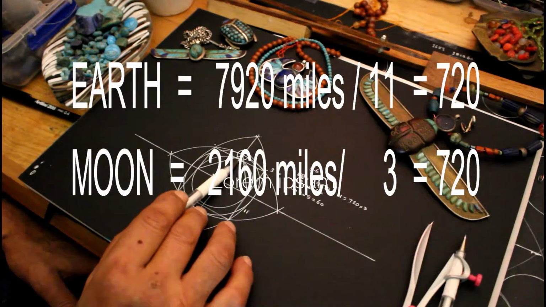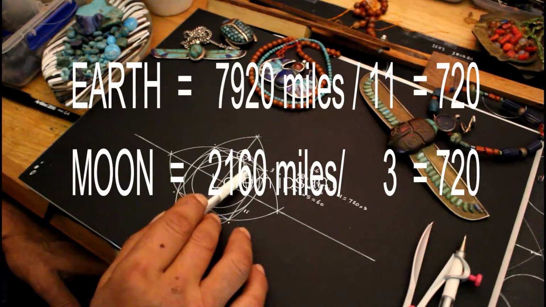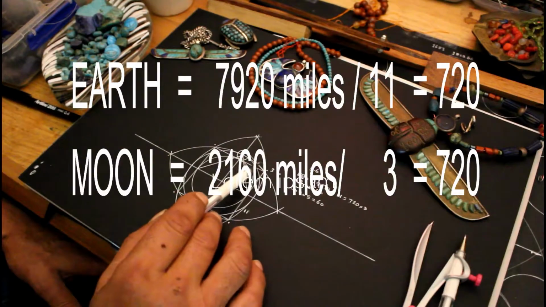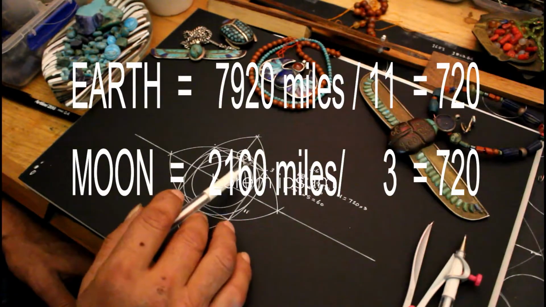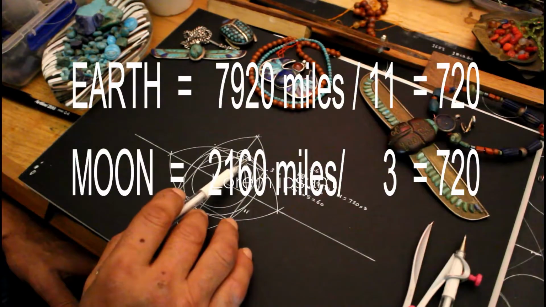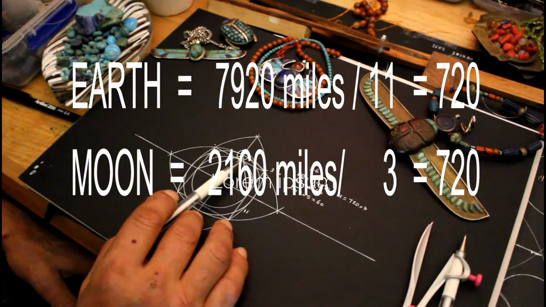And did I describe this triangle here, which is the 3, 4, 5 triangle? It's described by Pythagoras.